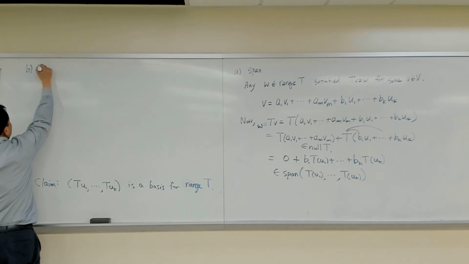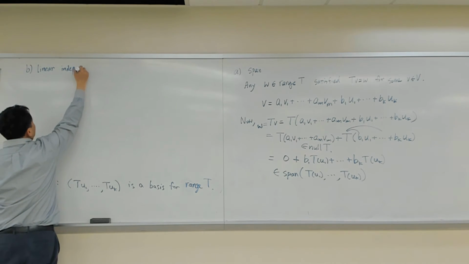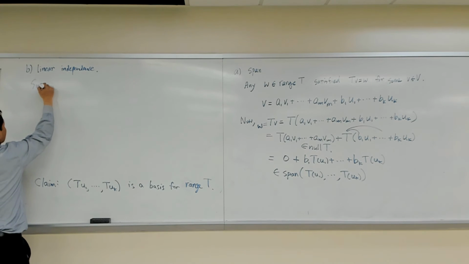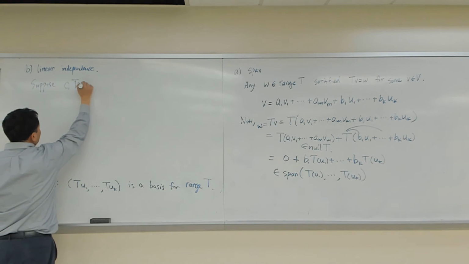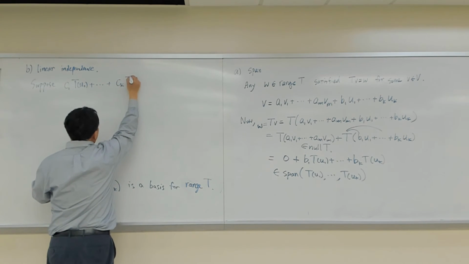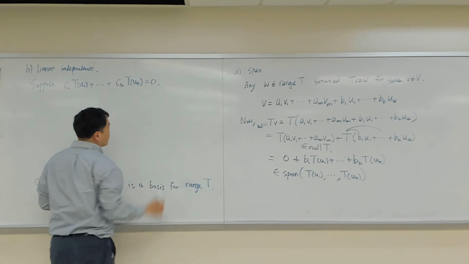Part B, linear independence. Suppose C1 T of U1 plus and so on, CK T of UK is equal to 0.